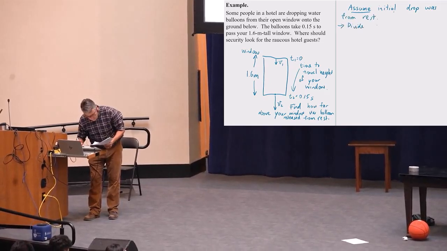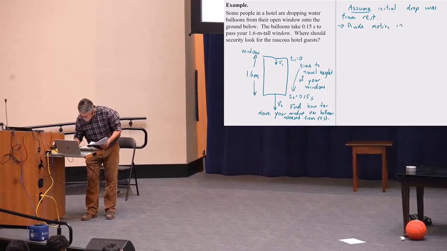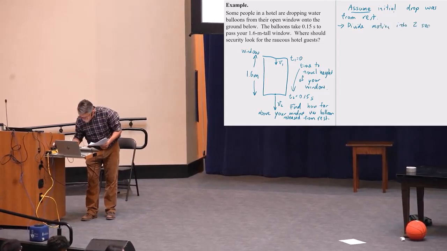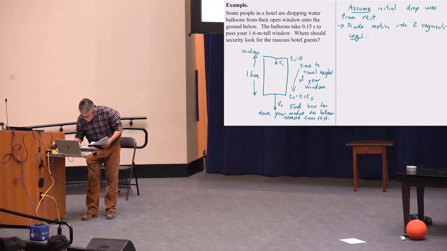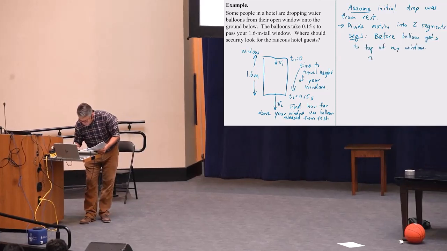What I'll do is I'll divide the motion into two segments. The before it gets to the window, and then after, as it travels your window. So segment 1 is before, this is what we kind of care about, right? The balloon gets to the top of the window. So V initial here is 0.